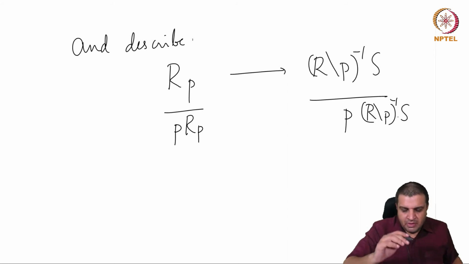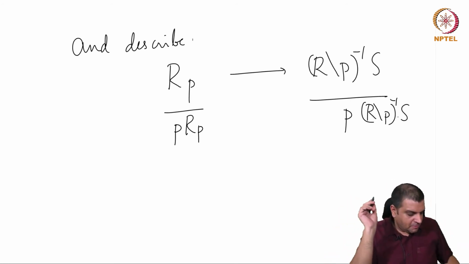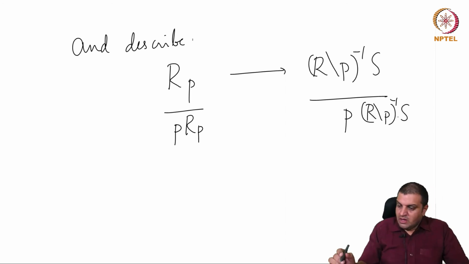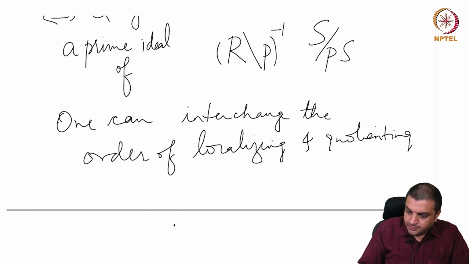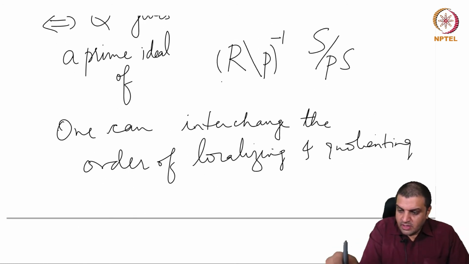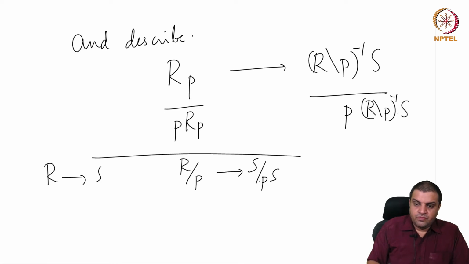Given a ring homomorphism, what do the fibers of the corresponding map on Spec look like? Just one more observation that we would like to make here. What is the operation? We have R to S, then we take R mod P to S mod PS, and then we invert all the non-zero elements here.